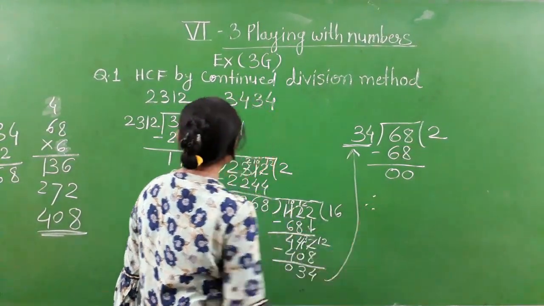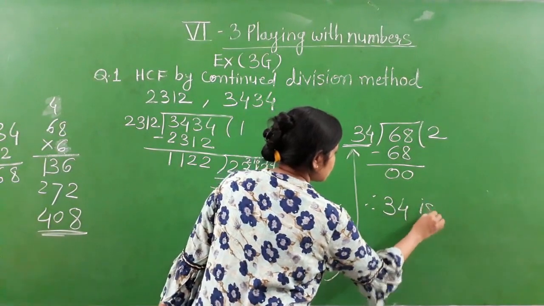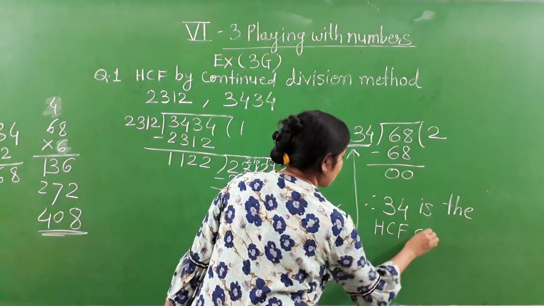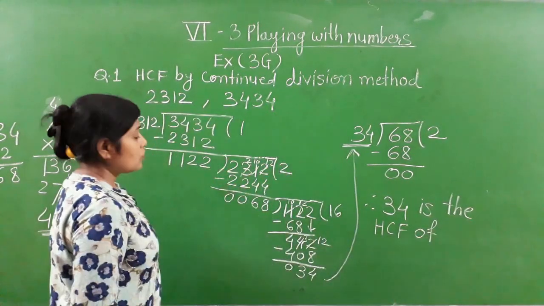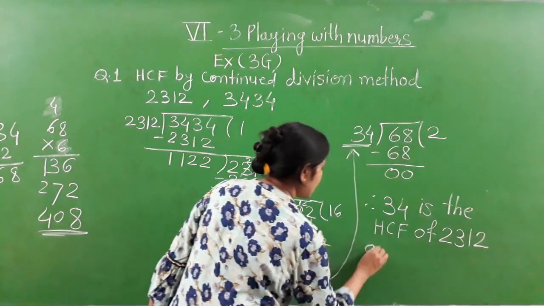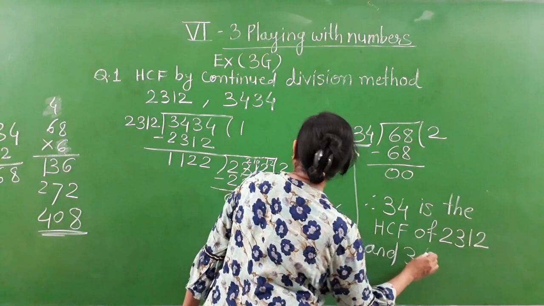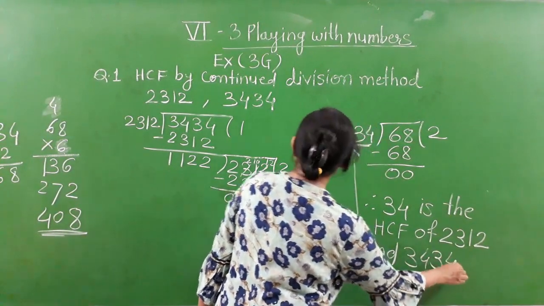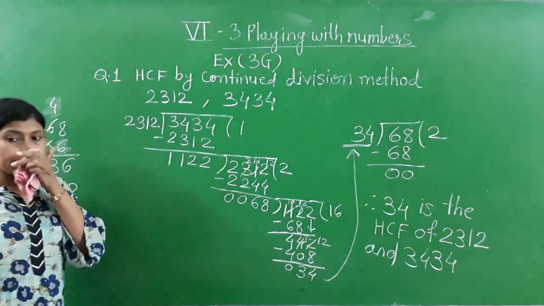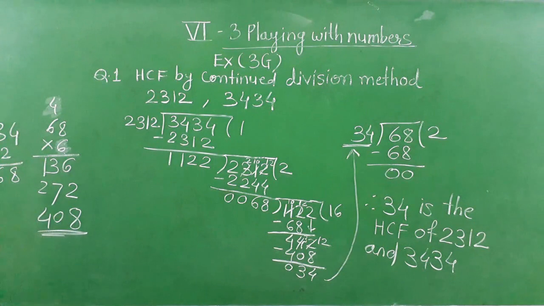So therefore we can write the statement: 34 is the HCF of 2312 and 3434. Okay. So in this we get the HCF by the continued division method.